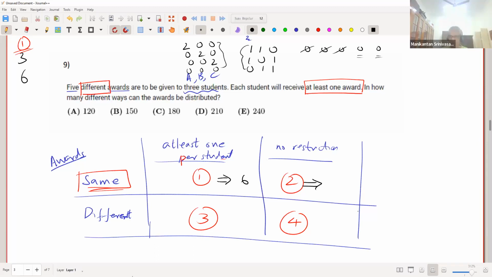Like this, there are many more, right? So obviously it's more than 6 because there is no restriction now. How many now? 21. 21, okay.